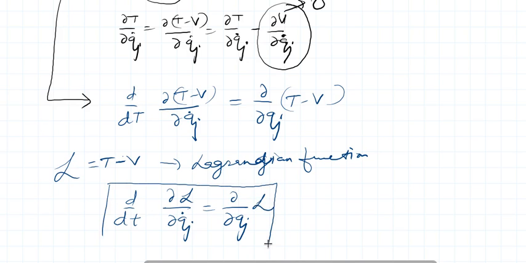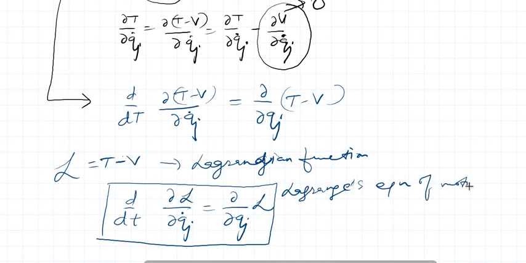So that means how the Lagrangian changes with time and with the generalized coordinates. This is known as Lagrange's equation of motion.